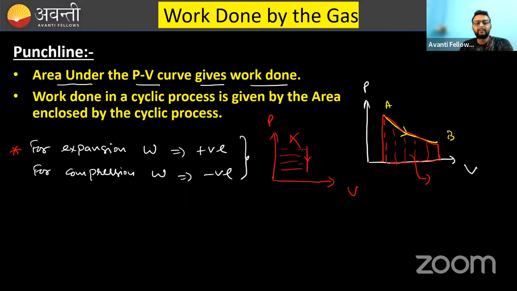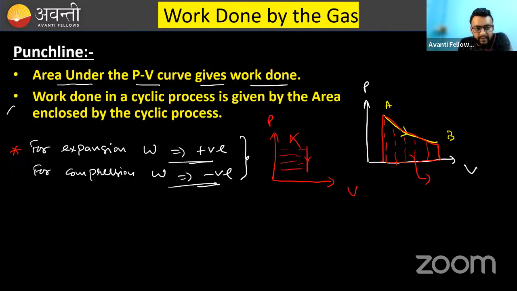If you have studied thermodynamics in your chemistry classes, there might be a difference, and they may say that for expansion, work done is negative. So leave that to the chemistry classes and stick with this assumption in the physics classes. Try to remember that and don't mix those things. For expansion, work done is positive. For compression, work done is negative.